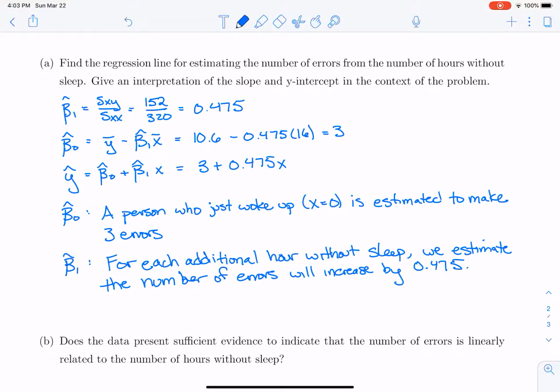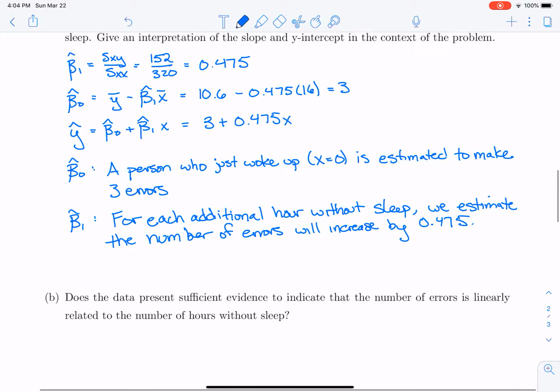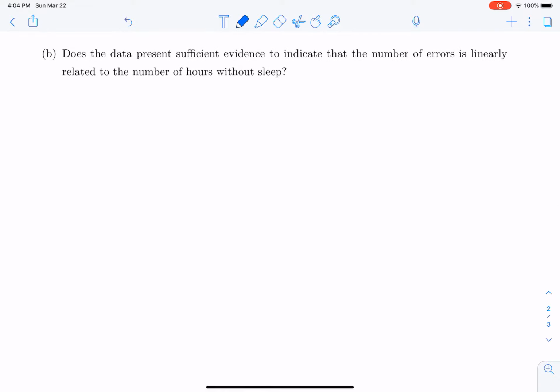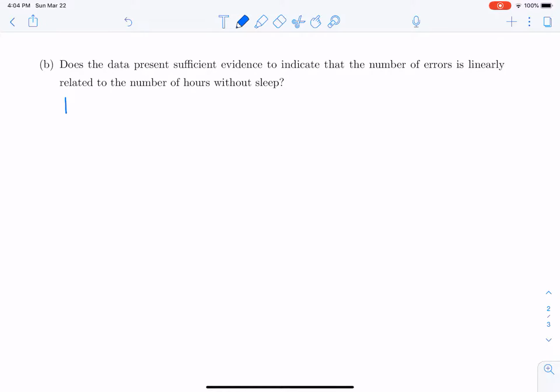Okay, now that we have our regression and we understand what each of the parameters means, we want to understand, does the data present sufficient evidence to indicate that the number of errors is linearly related to the number of hours without sleep? So if there's not a linear relationship, then the slope essentially is 0.